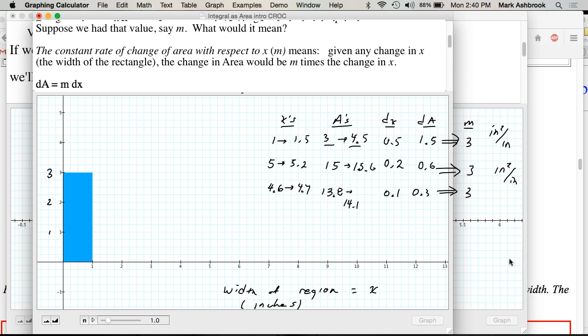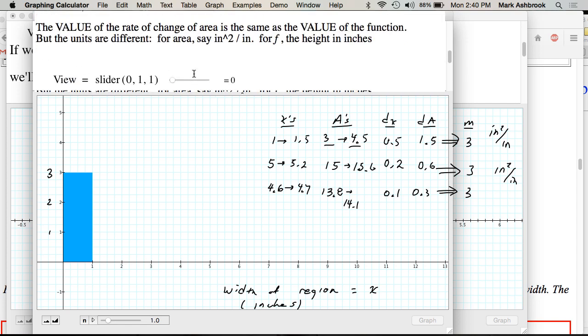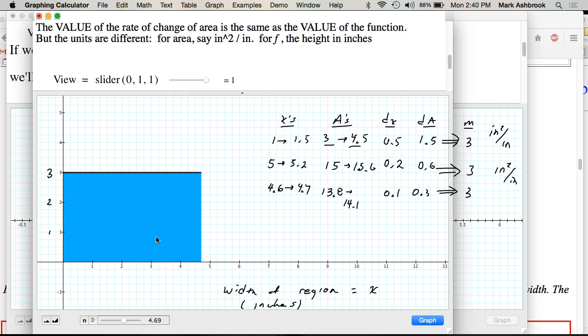So when it comes to integrals, we want to integrate functions. So let's think about the top of that region as being a function, say f.